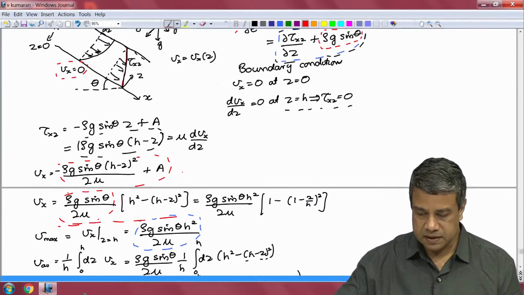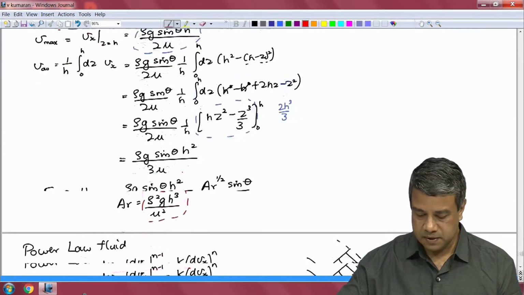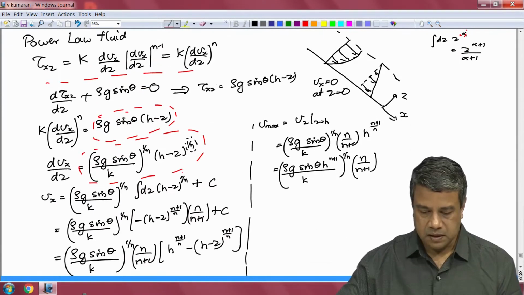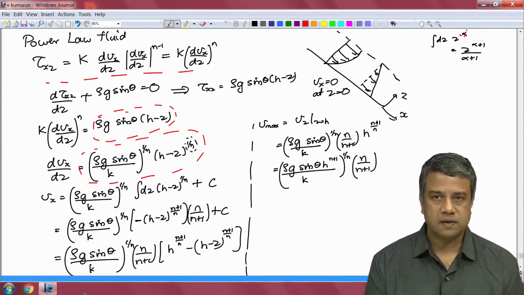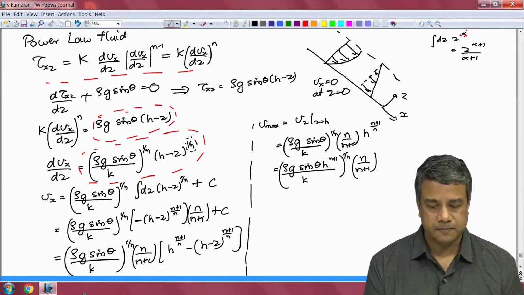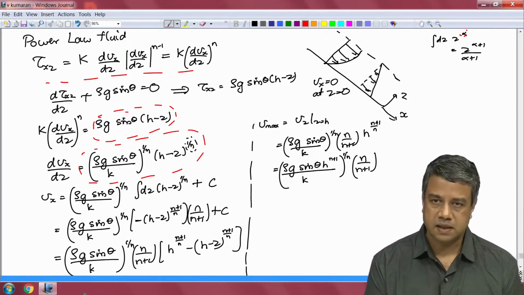However, the fact that the stress is a linear function of position can be used even if you have a more complicated constitutive relation, as we saw in the previous lecture. We examined the flow of a power law fluid down an inclined plane. The relation between the stress and the body force density is the same.